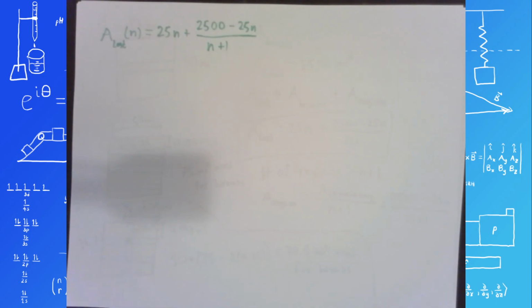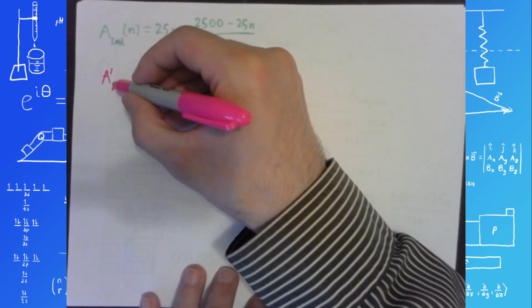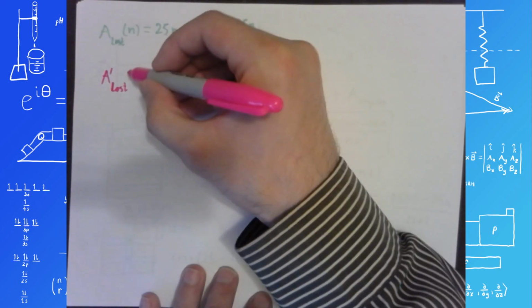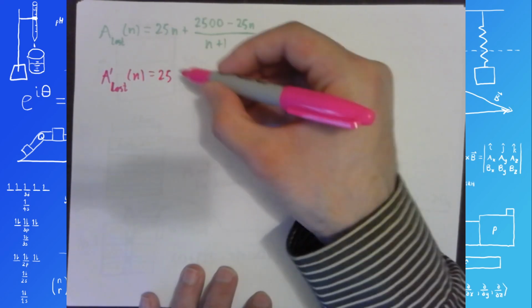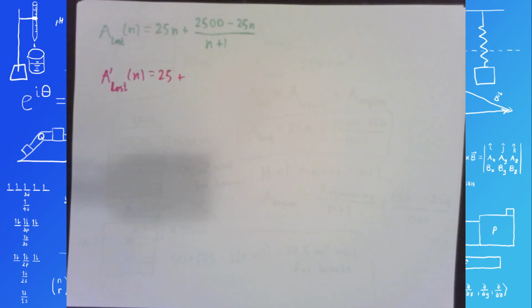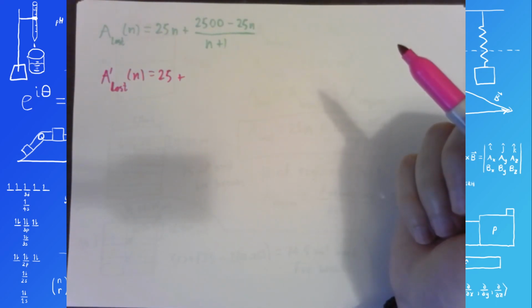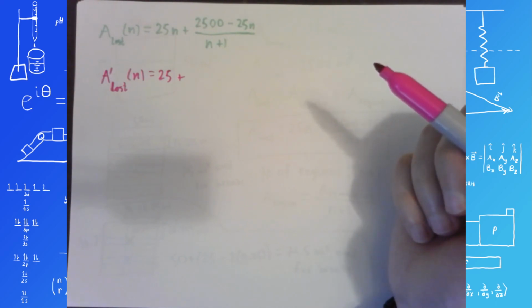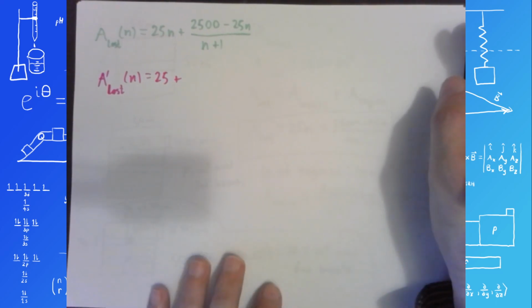And if I take the derivative of this and set it equal to 0, what do I find? A lost prime of n is equal to, well, that's going to be 25 plus, oh boy, this is going to be one royal mess here. Let's see. So it will be f prime g minus g prime f over g squared.